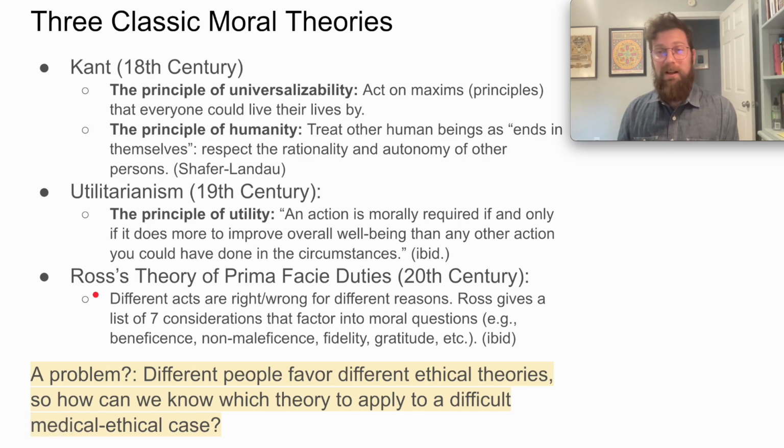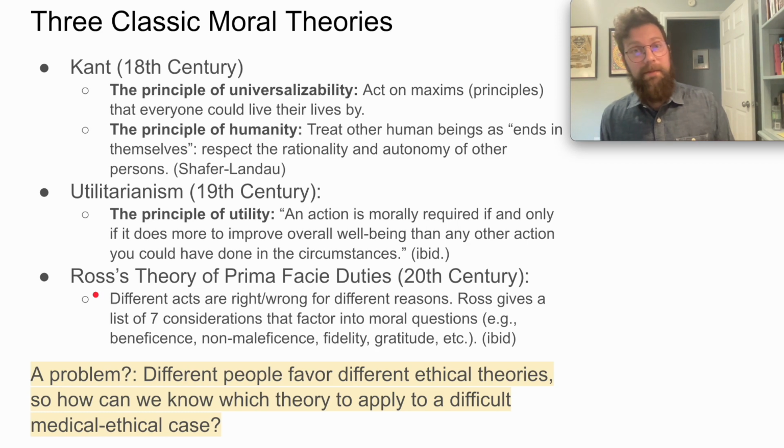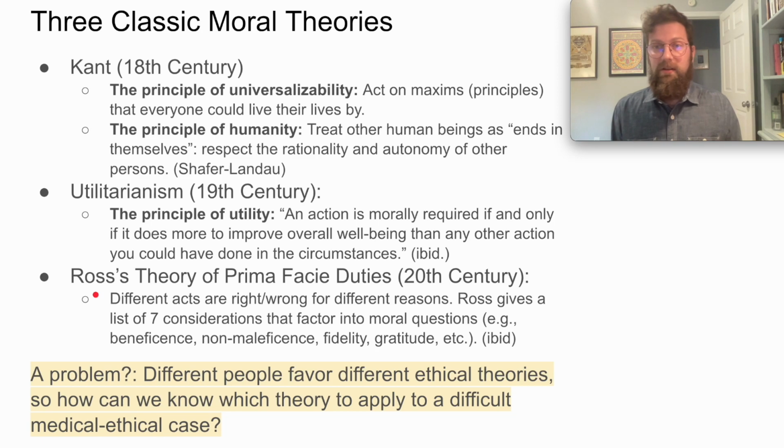There's natural law, there's virtue ethics, and so on and so forth, right? So what are we supposed to do in these situations where competing ethical theories give us incompatible recommendations? When we take this into the medical ethical realm, we might start to ask, for instance, well, how am I supposed to know what to do if the Kantian theory tells me to do one thing and the utilitarian theory tells me to do another?